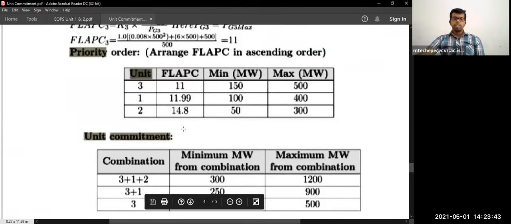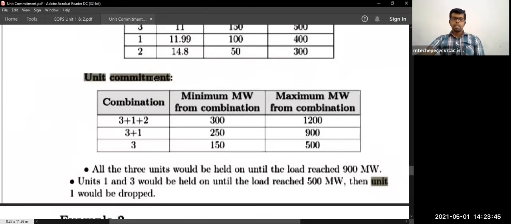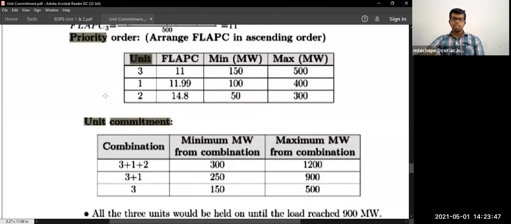Next is unit commitment. For unit commitment, we have to go for the combinations, like 3 plus 1 plus 2, with minimum megawatt from the combination and maximum megawatt from the combination. Here units are very, very important.